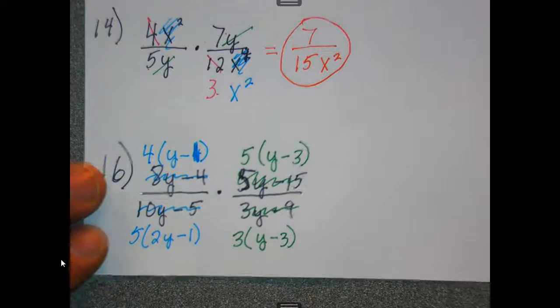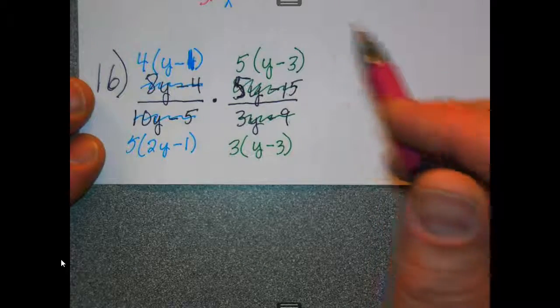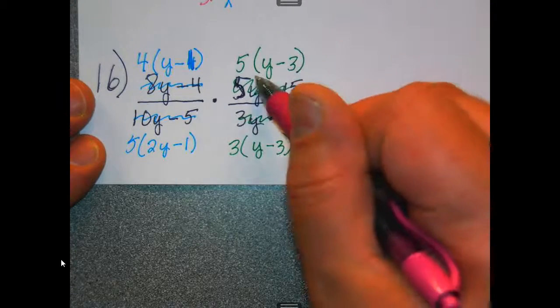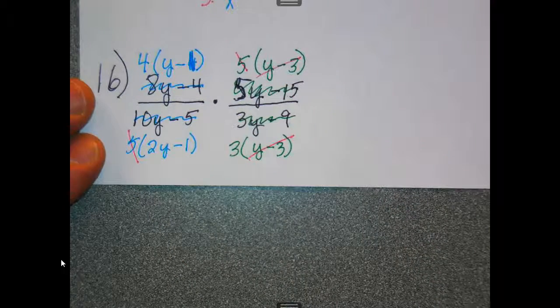Okay, cancel. Let's see, y minus 3, 5. Oh, yeah, number 8 is negative, isn't it?